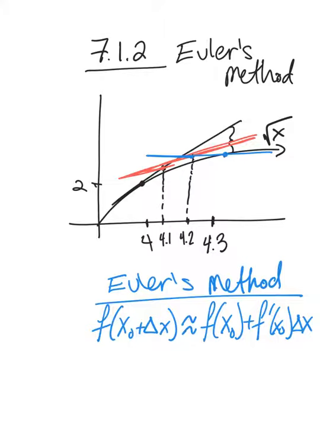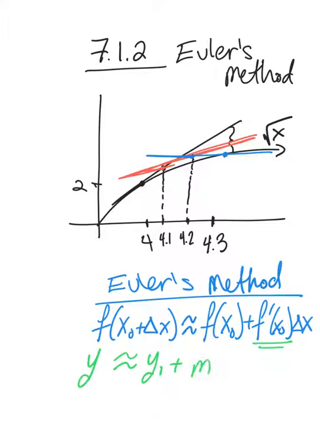F of x naught is just your y equals. Instead of y equals, we're going to use y approximate because I'm approximating the next one. F of x naught is your y1, plus this part here is the derivative. What does derivative mean? Slope. So that's your m.